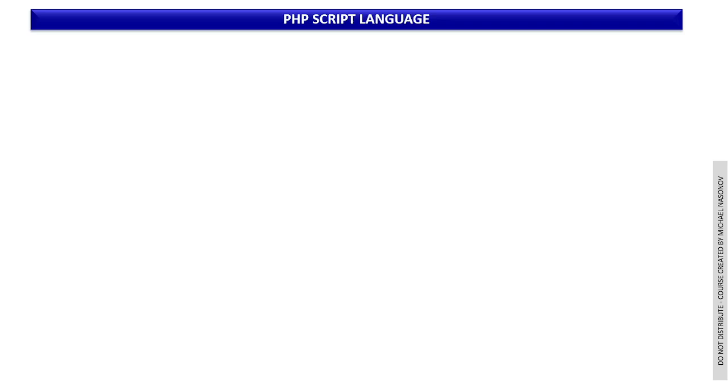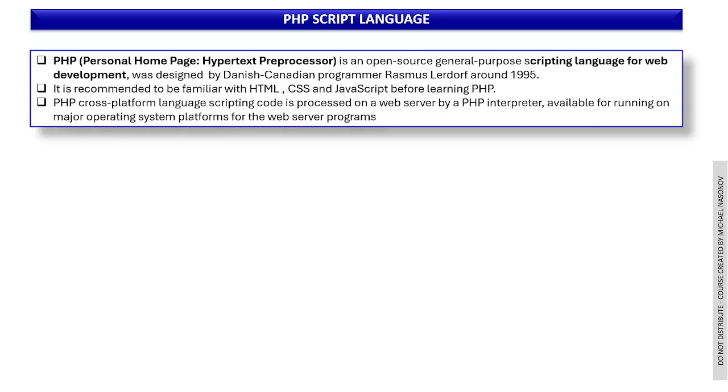PHP scripting language. PHP, or Personal Homepage Hypertext Preprocessor, is an open source general-purpose scripting language for web development. It was designed by Danish-Canadian programmer Rasmus Lerdorf around 1995.